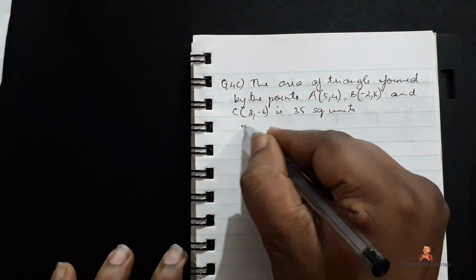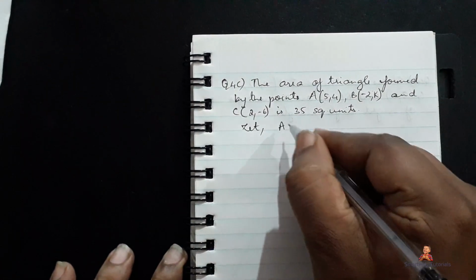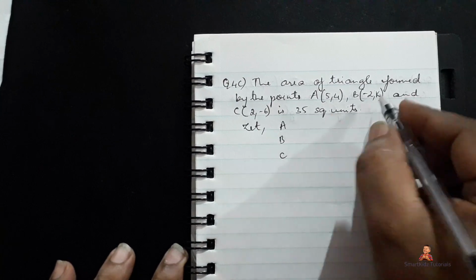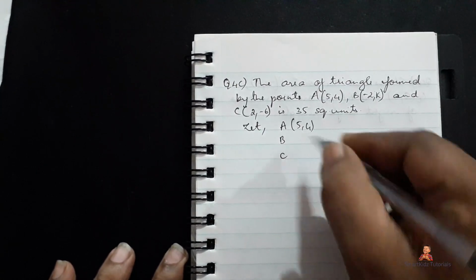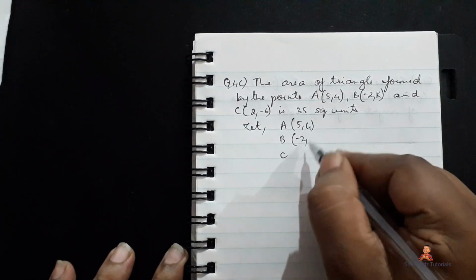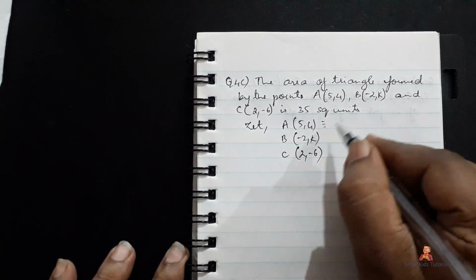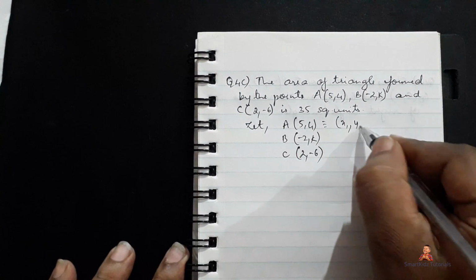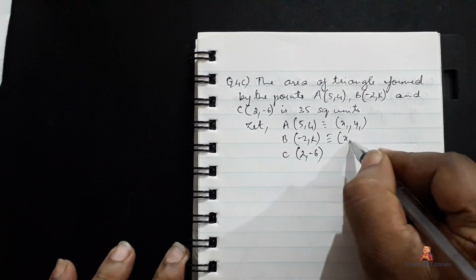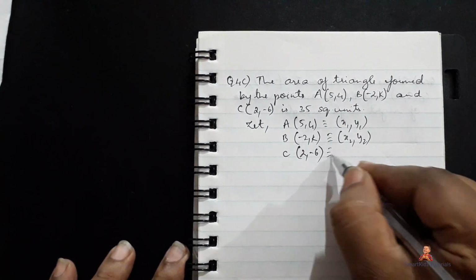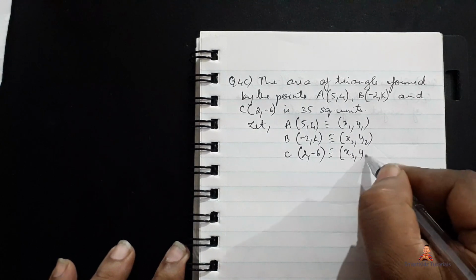So let's say A, B, C. A is 5, 4. B is minus 2, k. C is 2, minus 6. They correspond to x1, y1, x2, y2, and x3, y3.